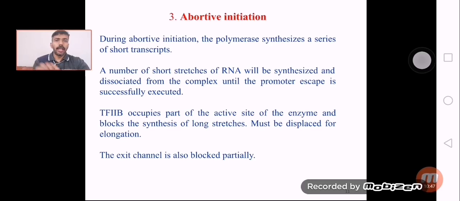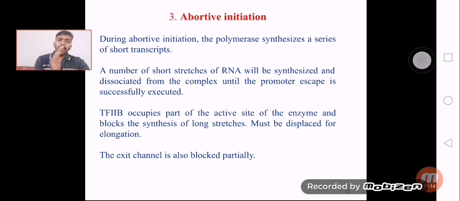There will be nucleotide addition by the RNA polymerase enzyme, which is the catalysis of the 3' OH and the incoming 5' phosphate being attached through phosphodiester bond formation. This will continue for around 9 to 12 nucleotides.